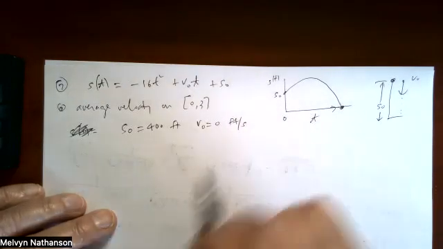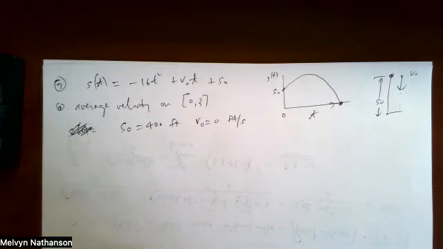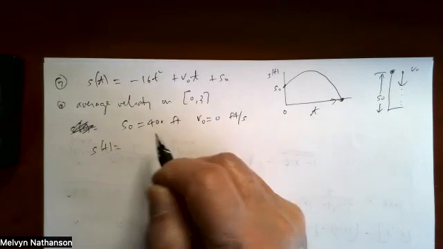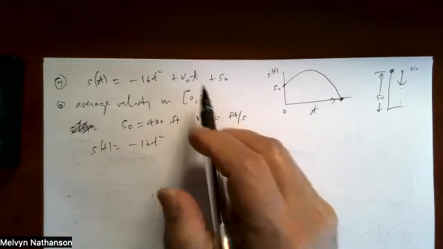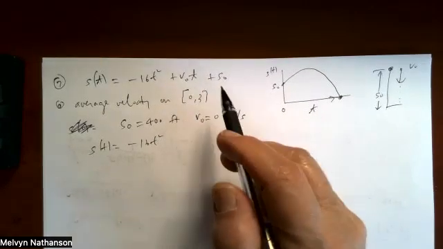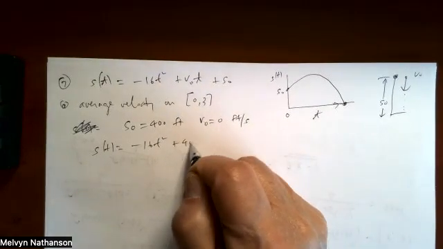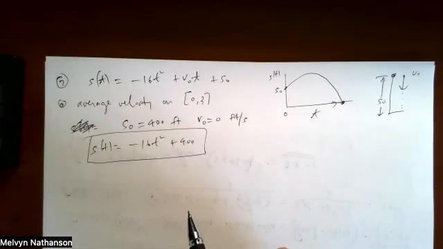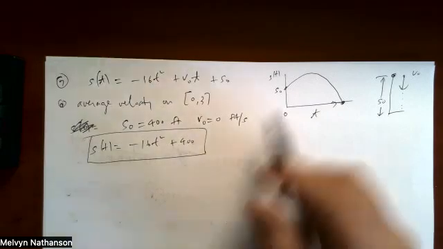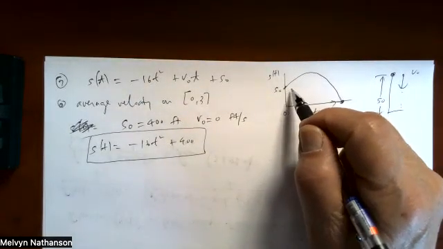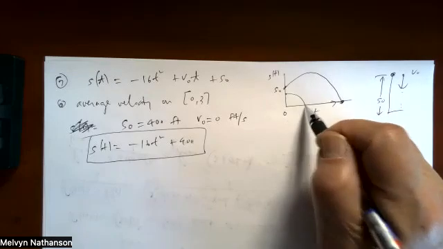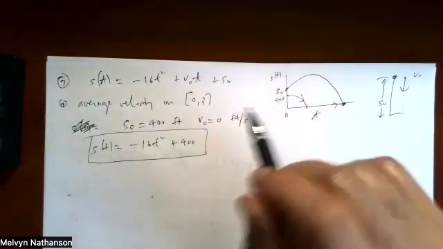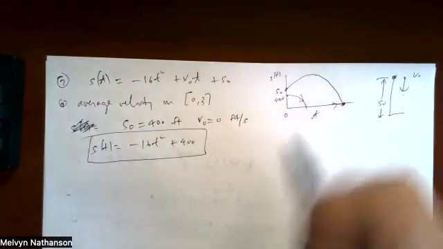So the position at time t is given by minus 16t squared, v naught is 0, so that term is 0, plus 400. This is the equation of motion of our particle. It starts off 400 feet above the ground, in this case, and it drops. There's no initial velocity throwing it up or down. It just drops under the force of gravity.